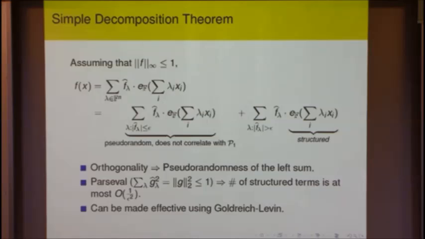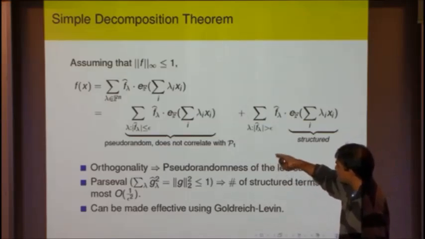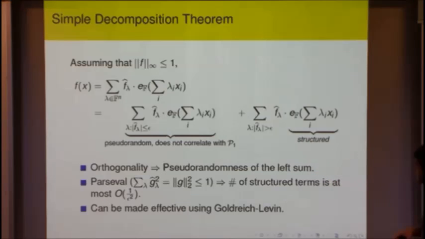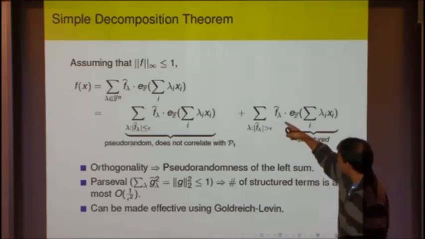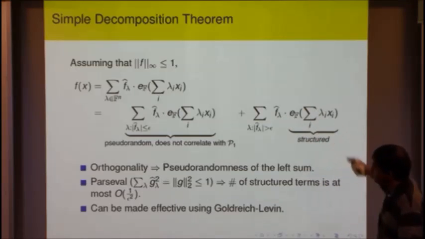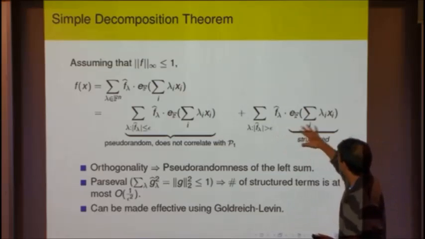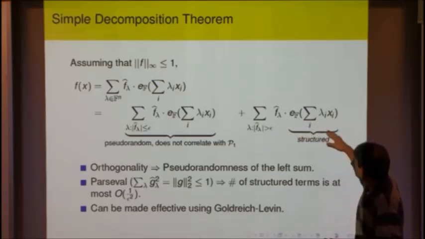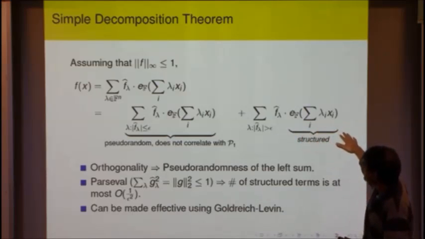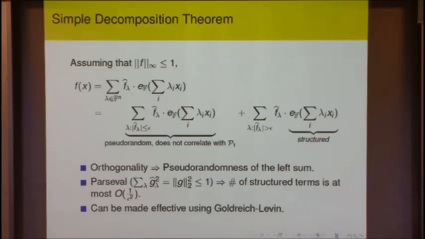And then also notice that because we have Parseval's inequality, which says that the sum of the squares of the Fourier coefficients is at most 1, if each of these Fourier coefficients is more than epsilon, the number of terms here is at most 1 over epsilon squared. Okay? So if epsilon is a constant, this is a constant size linear combination of linear phase polynomials plus some function which does not correlate with linear phase polynomials.